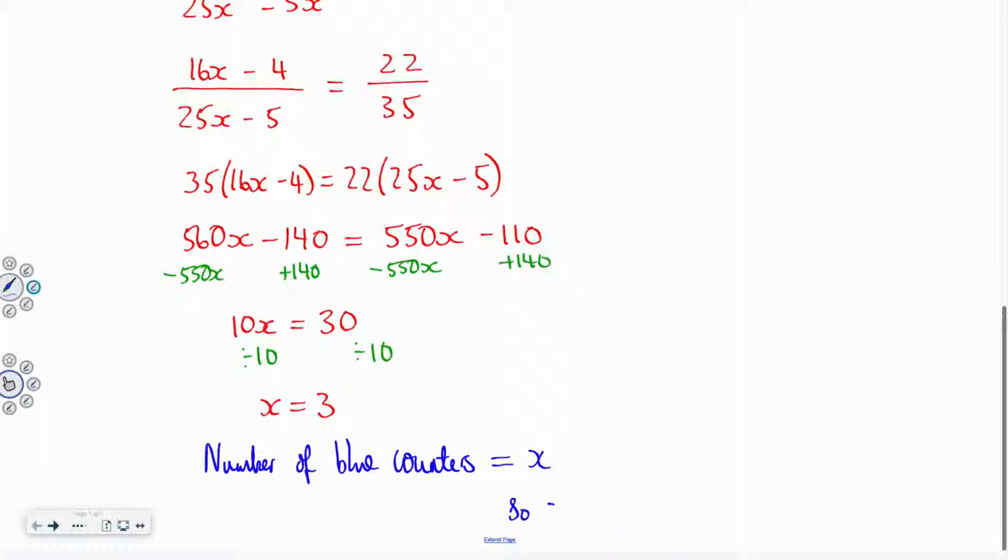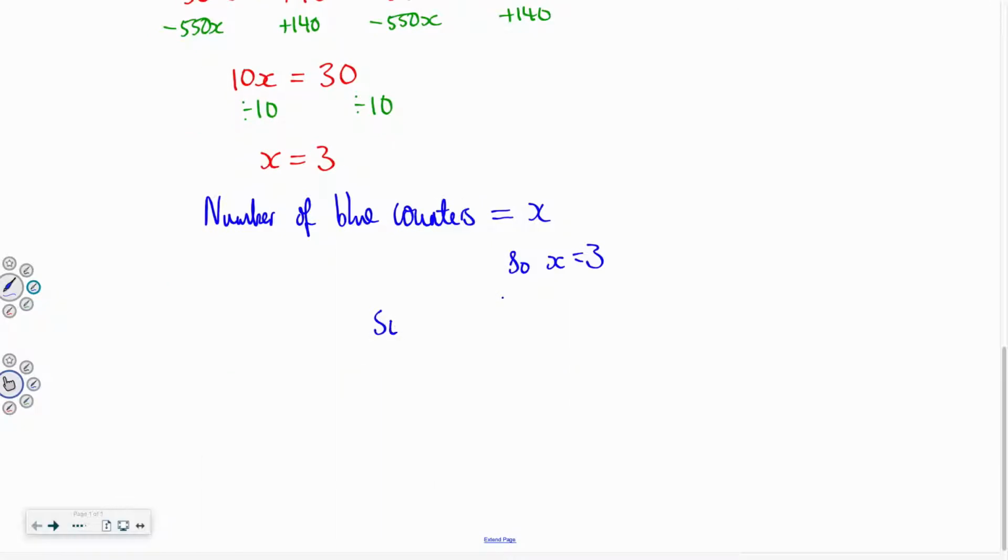So x equals 3. So the number of blue counters is 3. And that's your final answer.